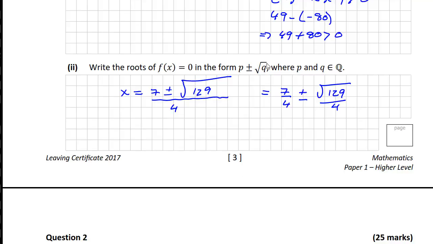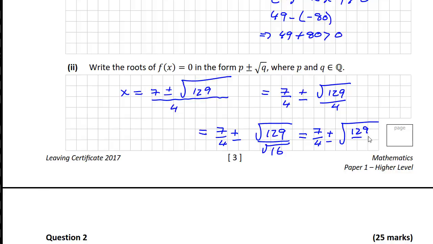We can see we wish for everything to be under the square root, so we'll just rewrite this as 7 over 4 plus or minus the square root of 129 over the square root of 16. And then that is equal to 7 over 4 plus or minus the square root of 129 over 16. Okay, so they are the roots of f of x equal to 0 written in this form. And that is question 1 complete.